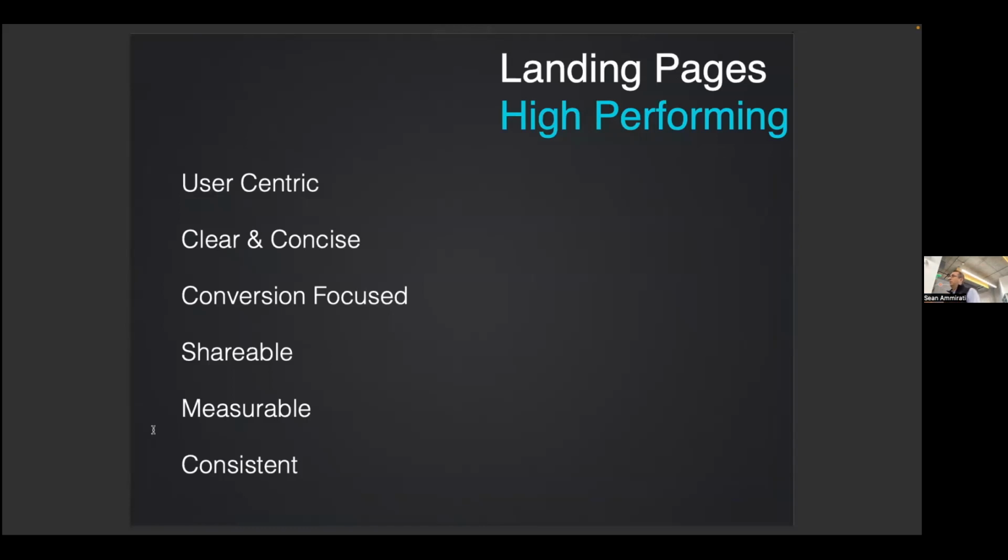We've talked about this a little bit before, but here are the things that should be true about your landing page, right? This is how you avoid building a minimally crappy landing page. It should be articulated from the perspective of your potential customer, not from your perspective as the owner. It should be focused on one conversion activity, should be shareable, measurable, and consistent.